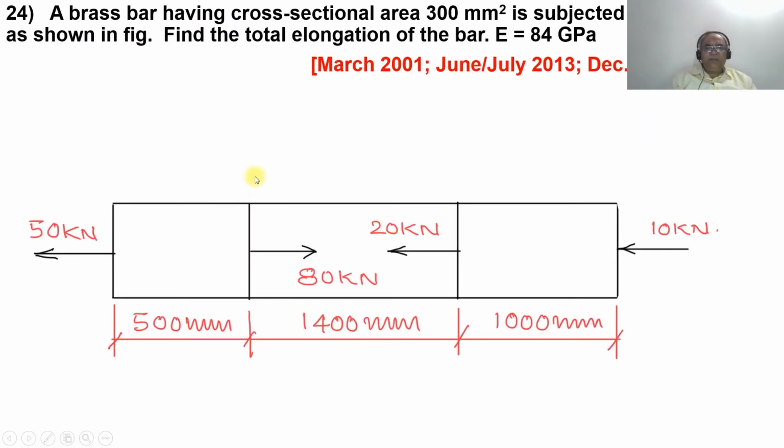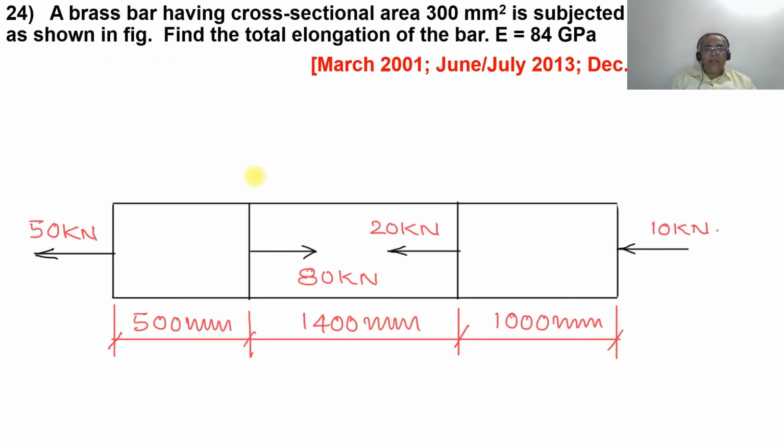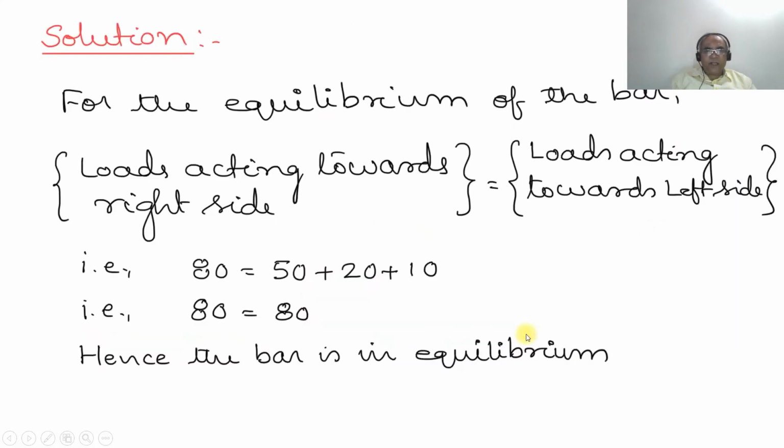So we want to test whether the body is in equilibrium condition. What is the condition? For the equilibrium of the bar, the load acting towards the right side is equal to the load acting towards the left side. Which is the load acting towards the left side? You have 50 plus 10. Load acting towards the right side is equal to load acting towards the left side.